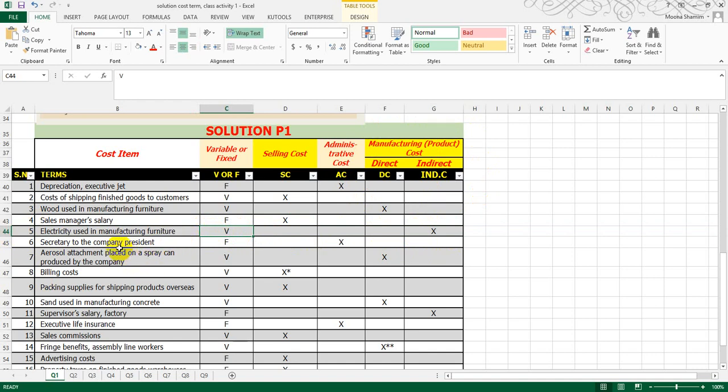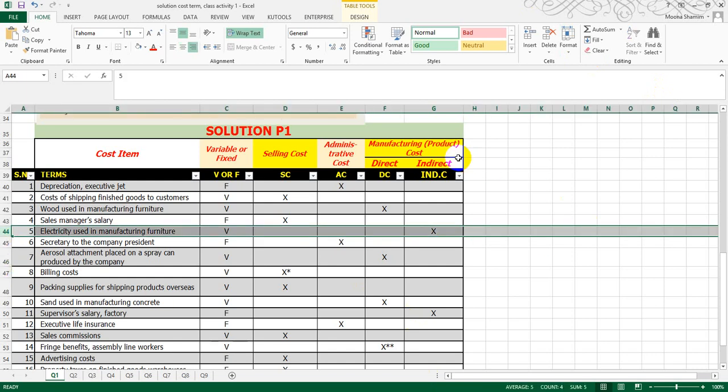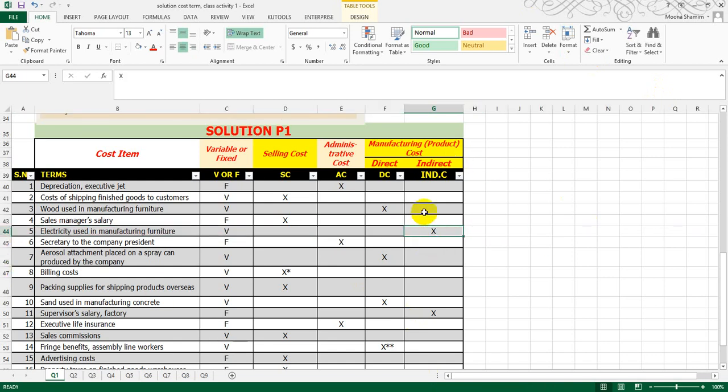If we are taking overtime or using a number of hours, we will use more electricity. So we will treat electricity used in manufacturing as an indirect cost, because it is not directly related to the product. We have already discussed costs like indirect, direct, variable, fixed and so on, so we will consider it as indirect.